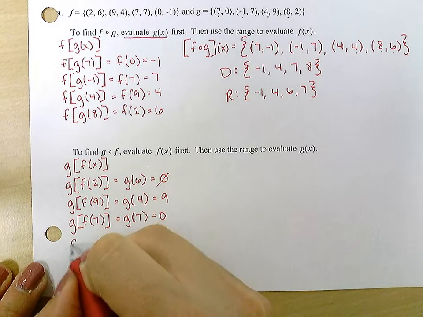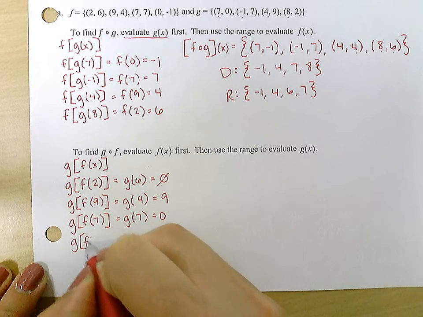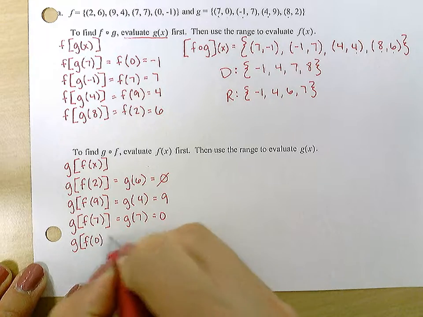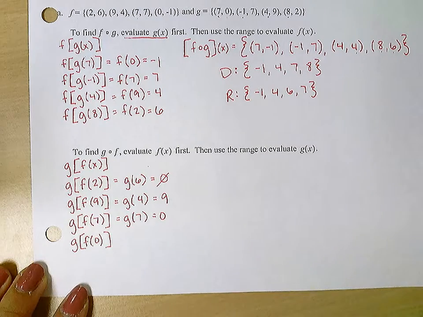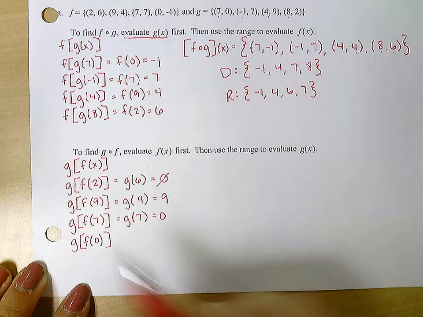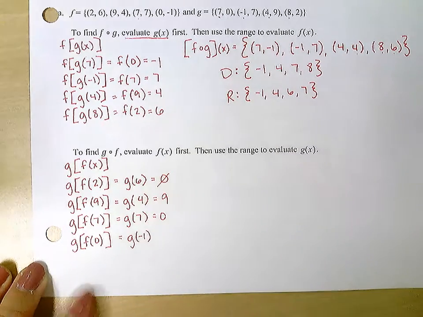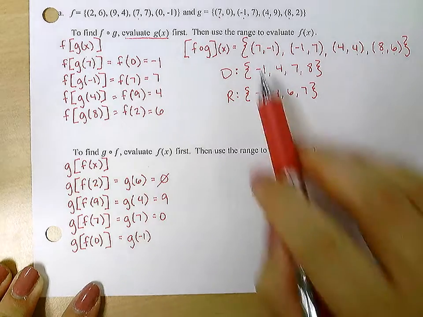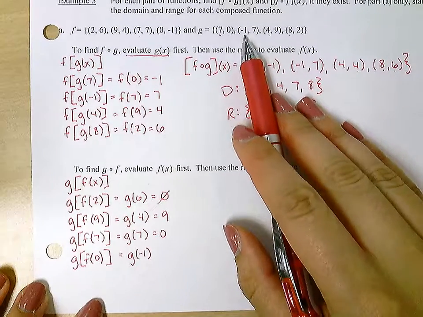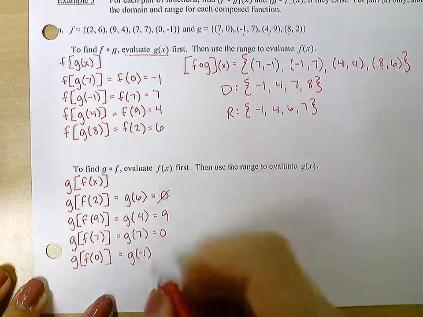Okay, last one here, we have g of f of 0. f of 0 will equal -1. So we end up with g of -1. I have a g of -1 as an x value. That equals 7.